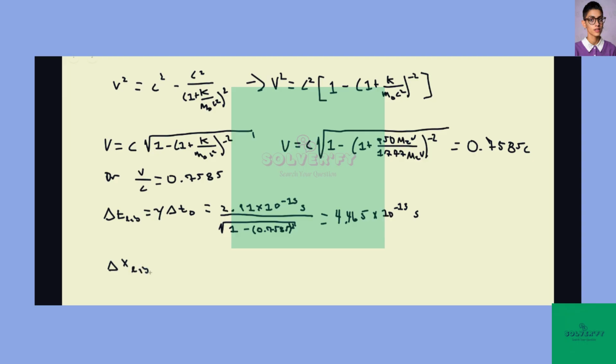It's velocity times time measured in the lab, which is equal to 0.7585 times the speed of light, 3.00 times 10 to the 8th meters per second, times 4.465 times 10 to the minus 13 seconds, which is equal to 1.02 times 10 to the minus 4 meters.